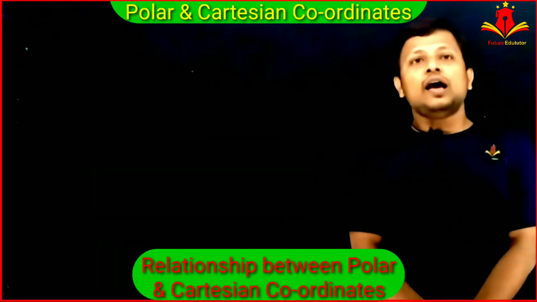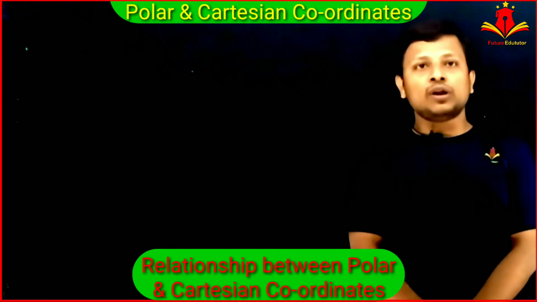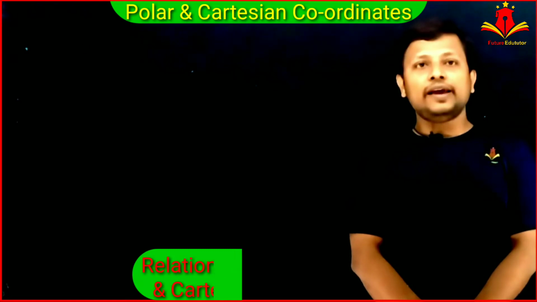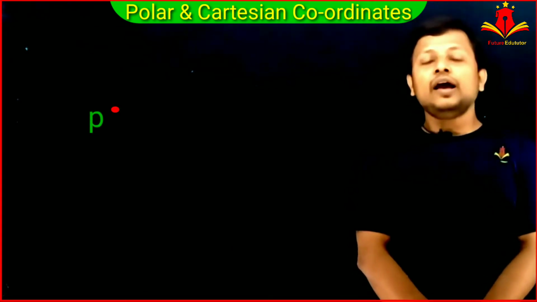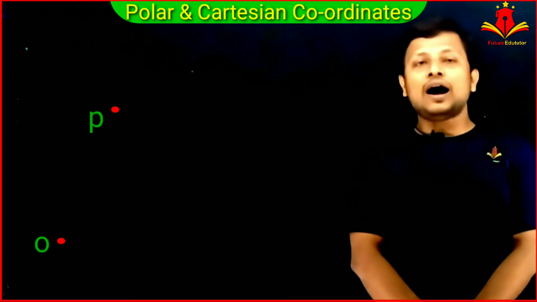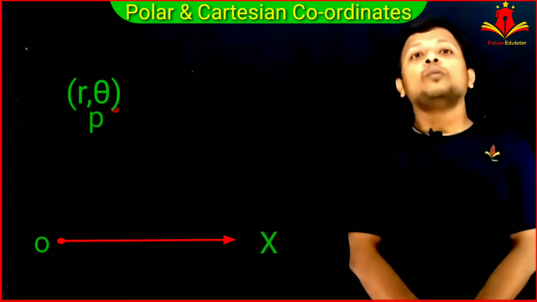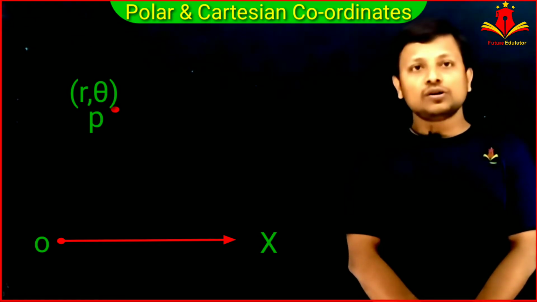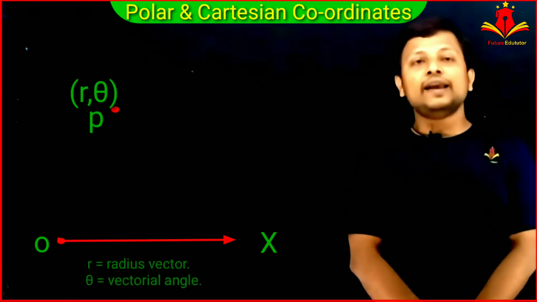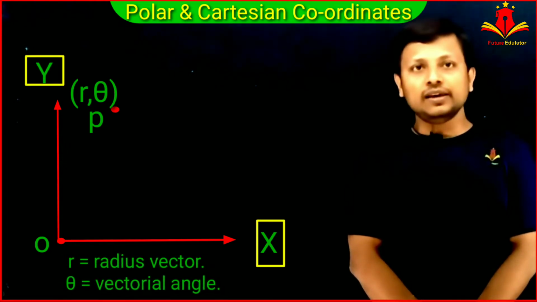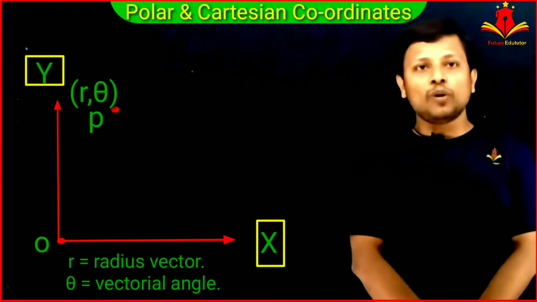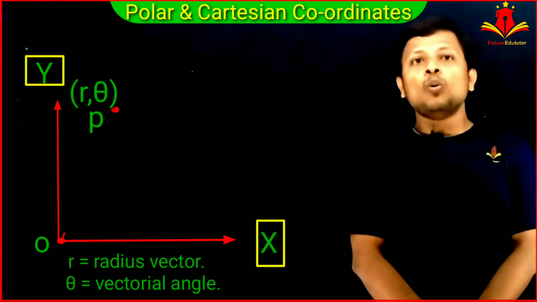Now we discuss the relation between polar coordinates and Cartesian coordinates. Let P be a point in a plane, let (r, theta) be the polar coordinates of the point P, and (x, y) be the Cartesian coordinates of the point P. Let us take two axes OX and OY and join OP.